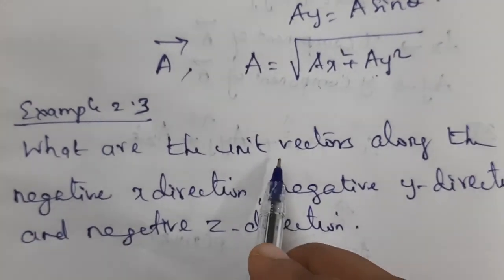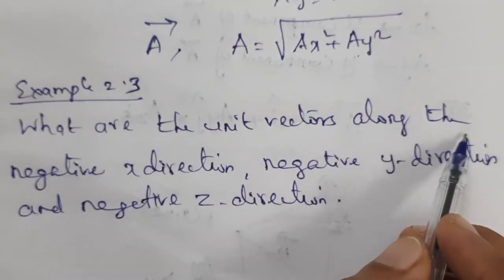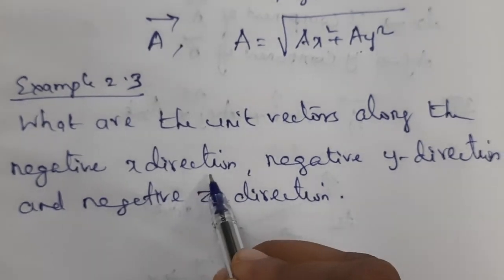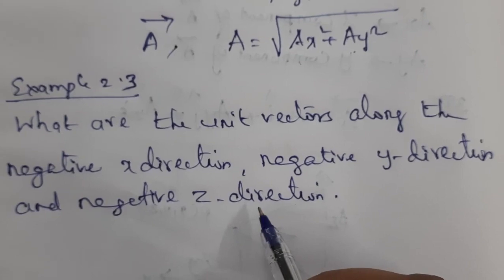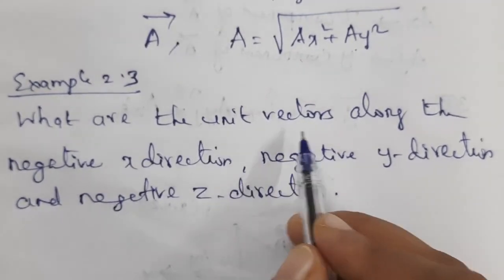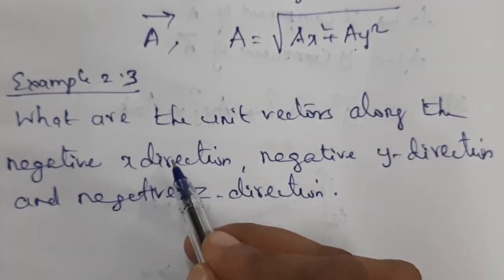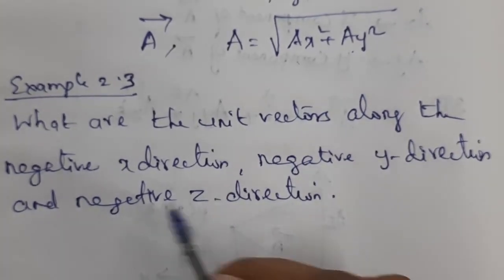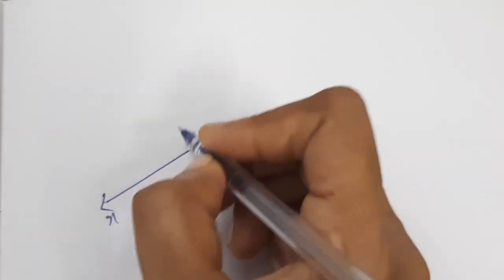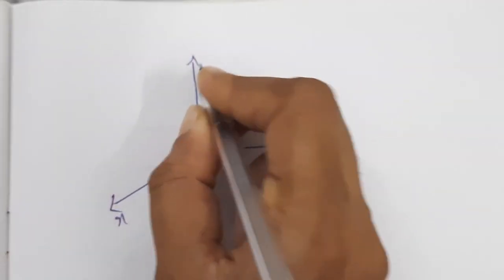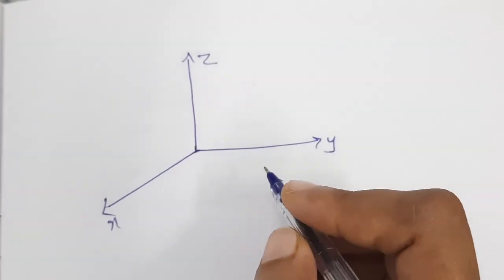What are the unit vectors along the negative x direction, negative y direction and negative z direction? See here, this is the x axis, this is the y axis, this is the z axis.